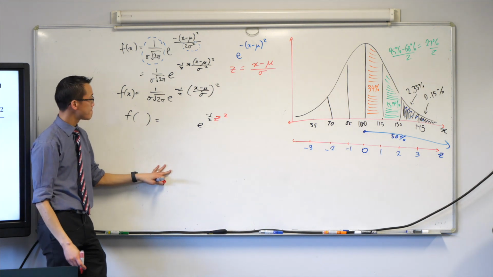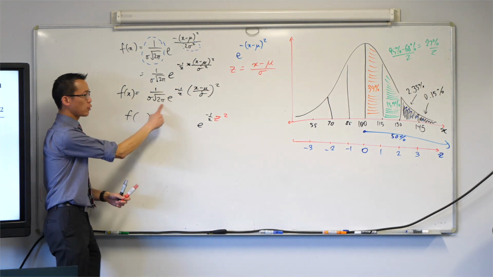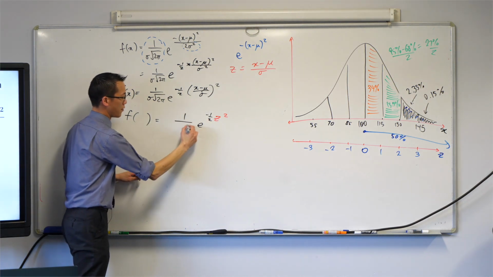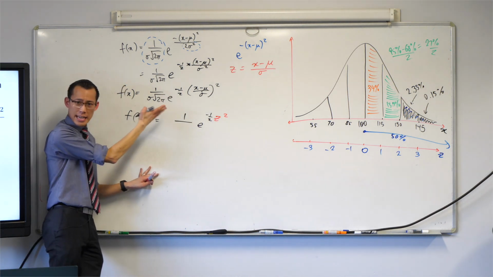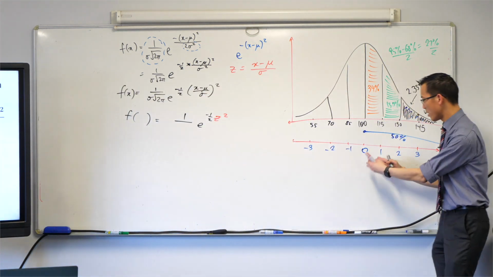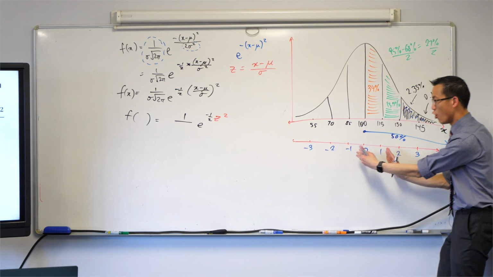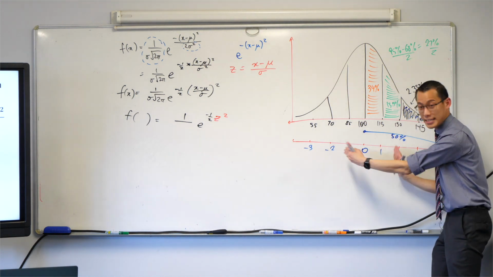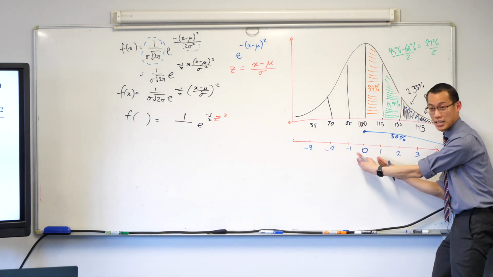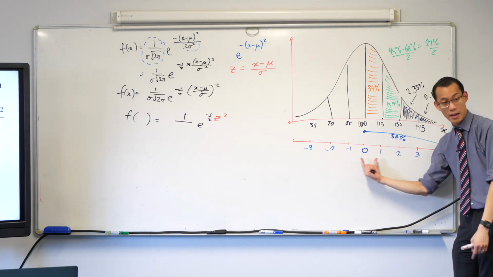Is that okay? Then, if you have a look at this fraction out the front, 1 over sigma, the standard deviation. Have a look over at my normal distribution. On a z scale, the standard deviation is by definition just 1. You see that's the distance from one standard deviation to the next, it's just 1 every time.